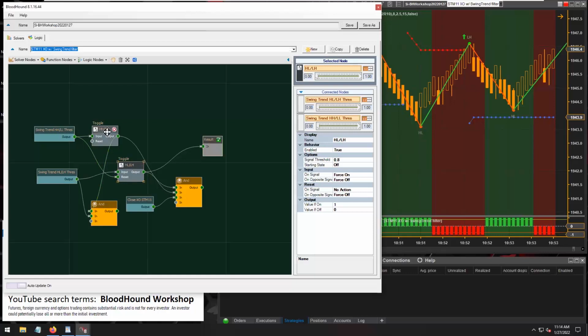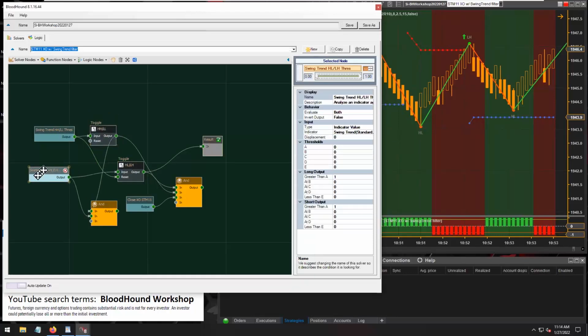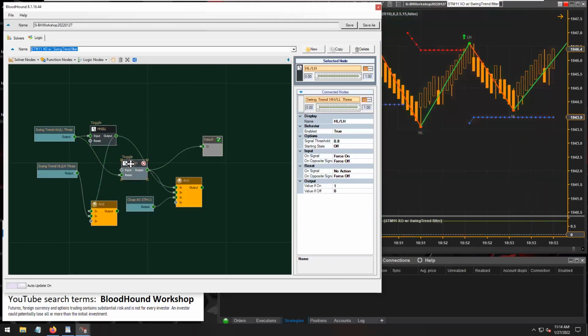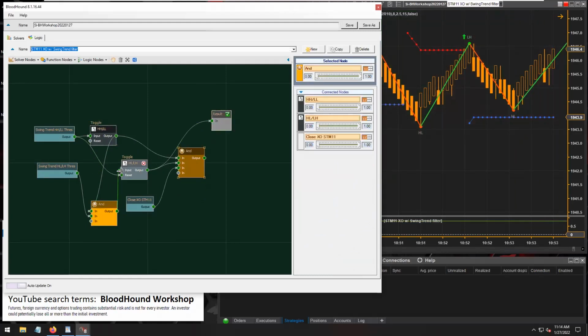So I'm using the higher highs and lower lows from the toggle node as a filter to our solver that's finding the higher lows and lower highs. So instead of that going there, move that out. There we go.